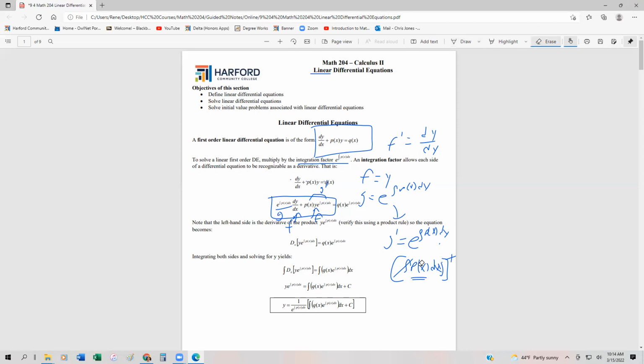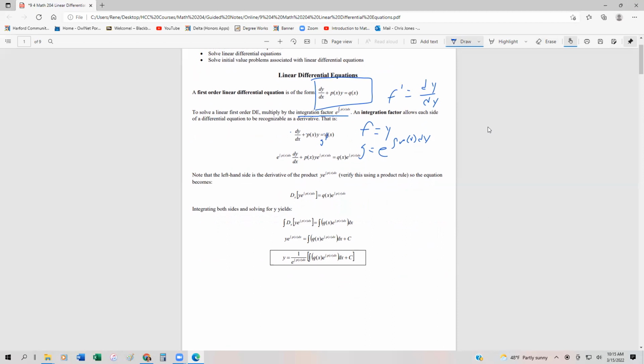And so what we're going to do is just go backwards from that product rule. And that's how we get d/dx of y times e to the integral of p of x dx equals q of x times e to the integral of p of x dx. That's just reverse implicit differentiation, or reverse product rule, if you would.